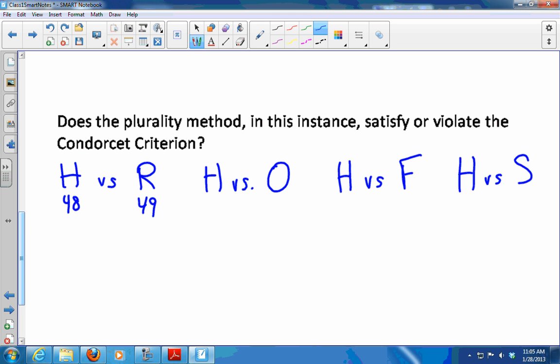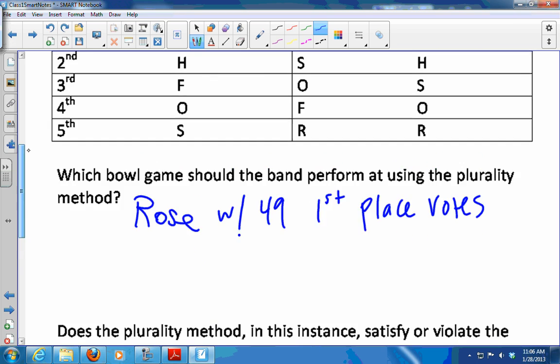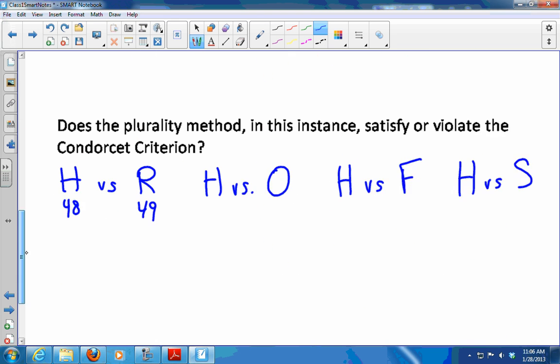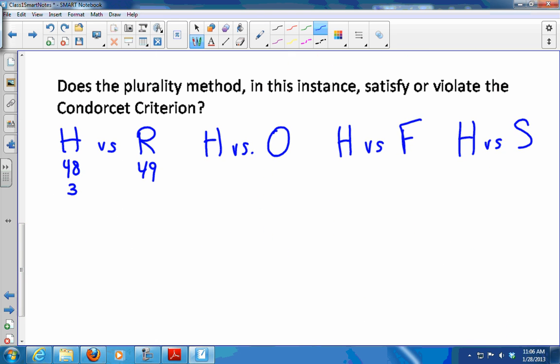And then the last three people, if they had to choose between Hula and Rose, who would they choose? Hula, because they have Hula ranked above Rose. So we're going to give 3 more votes to the Hula Bowl. That means Hula ends up with 51 votes, Rose Bowl with 49. Hula wins that head-to-head matchup.